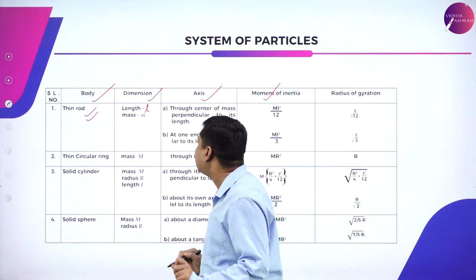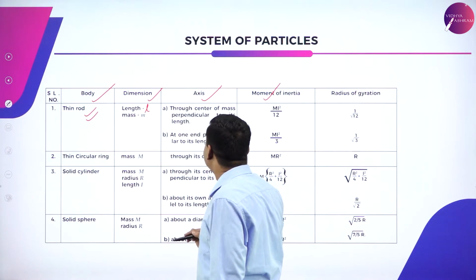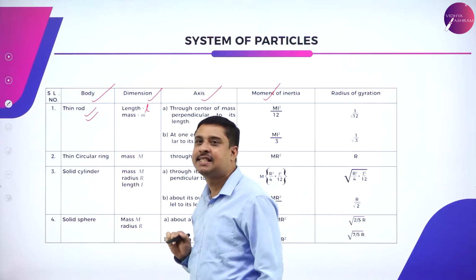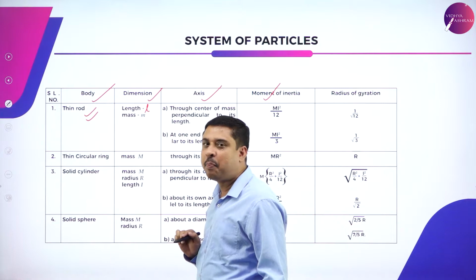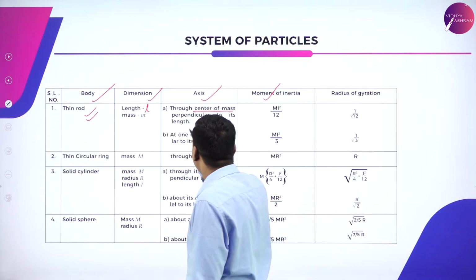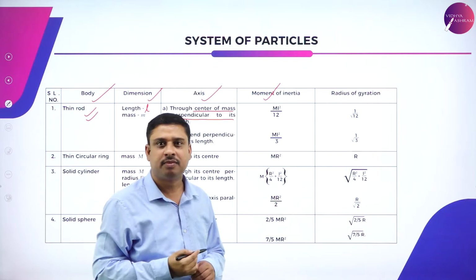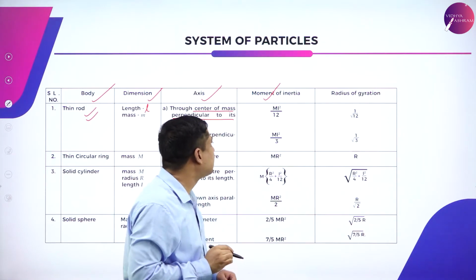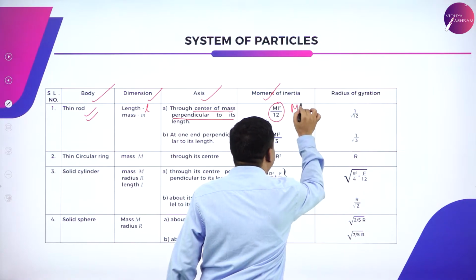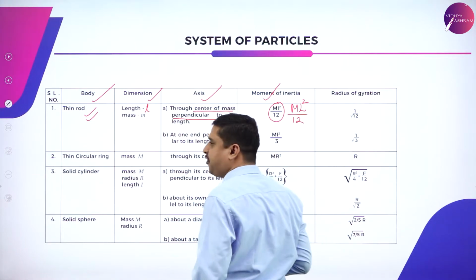The first axis of rotation is passing through the center of mass perpendicular to its length. Passing through the center of mass perpendicular to the length of the rod. About that axis, the moment of inertia is written as ml square by 12.